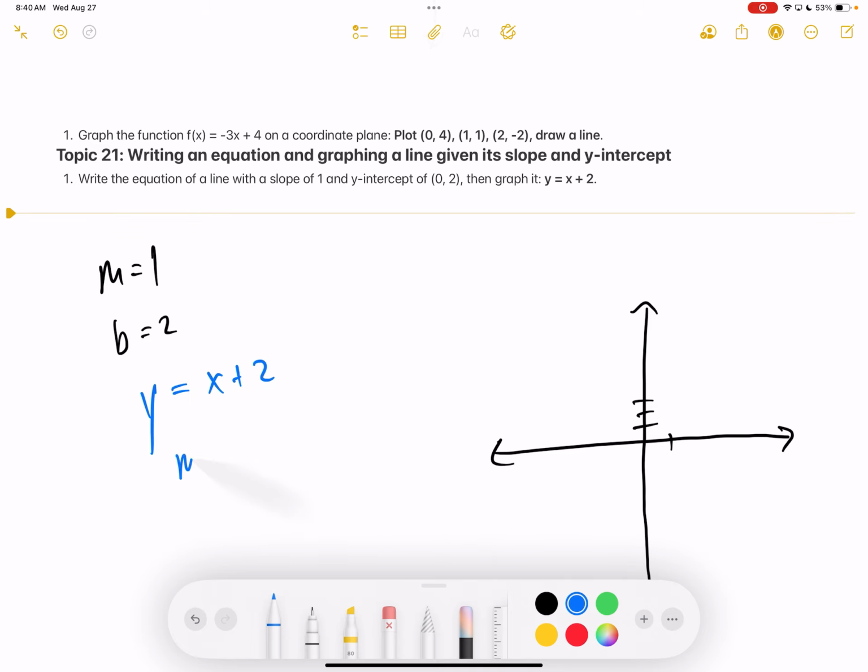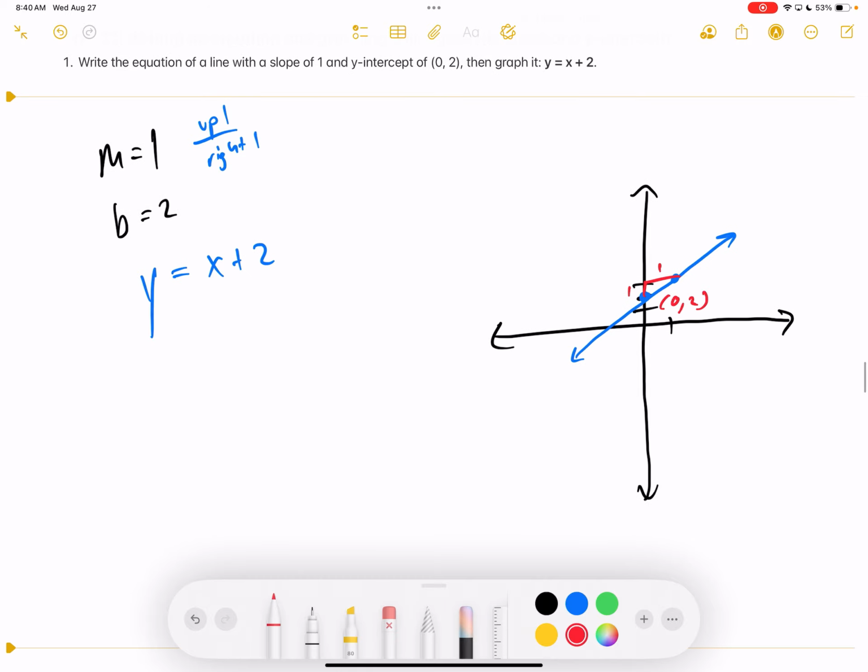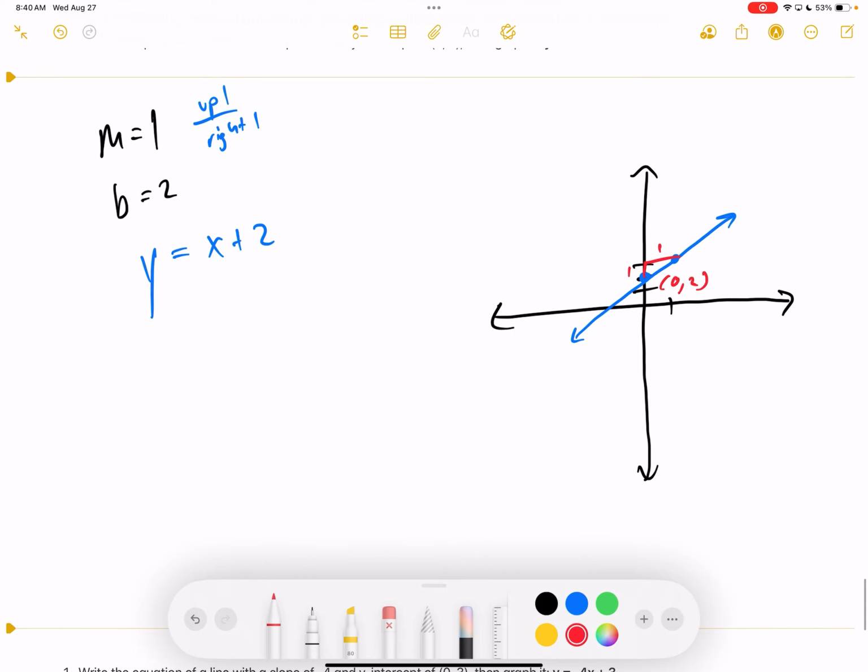So my slope is 1, which means up 1 to the right 1. We start at 2, we go up 1 to the right 1. All right.